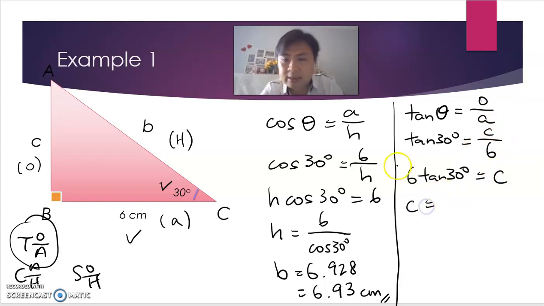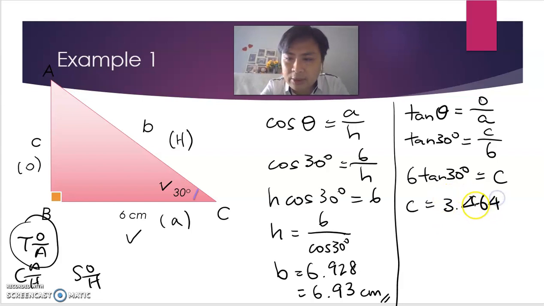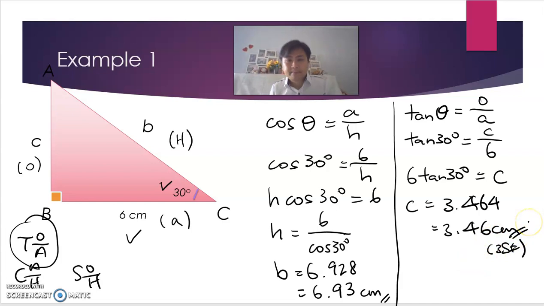C, then now you can just press your calculator. 6 times tangent 30. Our answer will be 3.464. And round off this to the nearest 3 significant figure, it will be 3.46 cm. Right, are you clear about this? So this will be example 1.